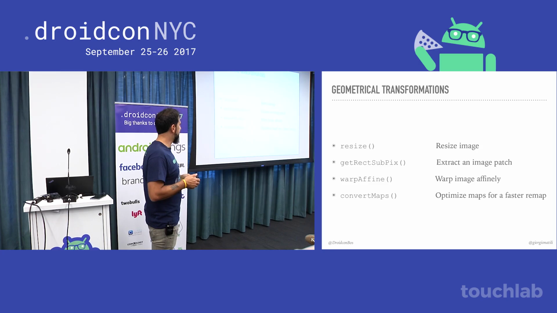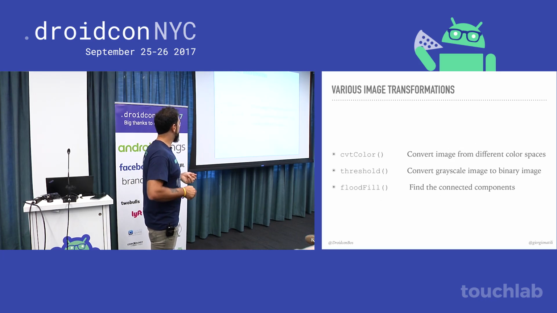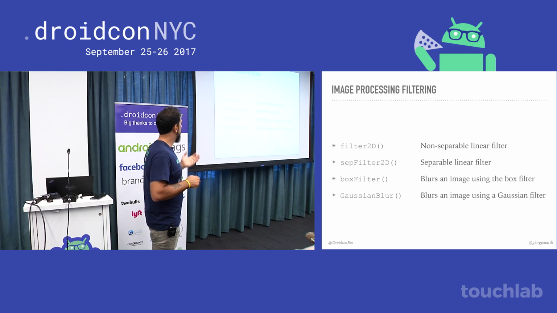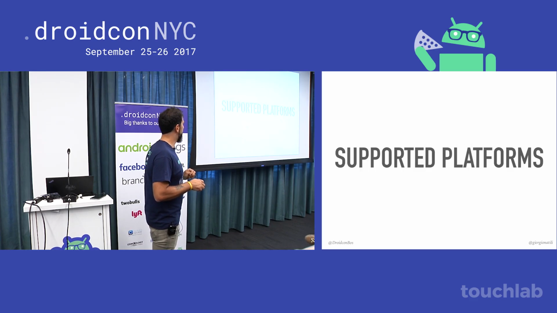You can extract an image patch, you can warp an image, and you can optimize maps for a faster remap when you are dealing with a lot of information and a lot of images. You convert the color, you apply the threshold, and you can find the connected components inside your image. On top of this, just if you are not satisfied with the features, GaussianBlur, boxFilter, filter2D, and sepFilter2D are your image processing filtering tools.